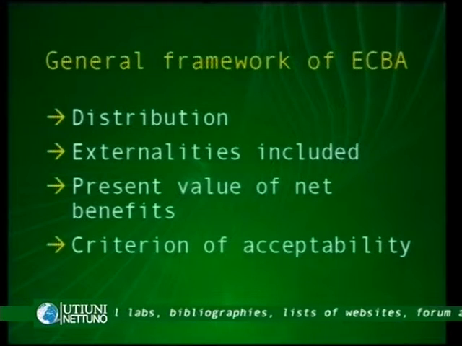And finally, I have to determine a criterion of acceptability, in the sense that once I've set the general framework for the analysis, I have calculated the benefits and costs, I have calculated the net benefits for all the periods of the life of the project, and I have discounted these net benefits using a social discount rate, and therefore I got a present value of net benefits.